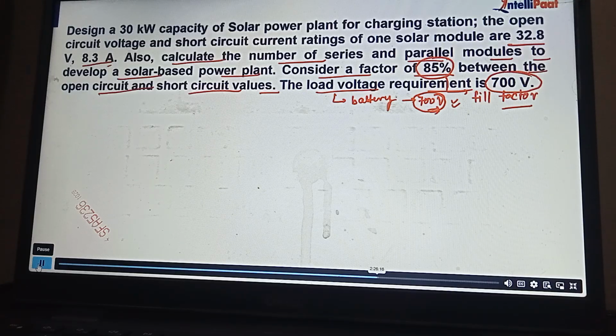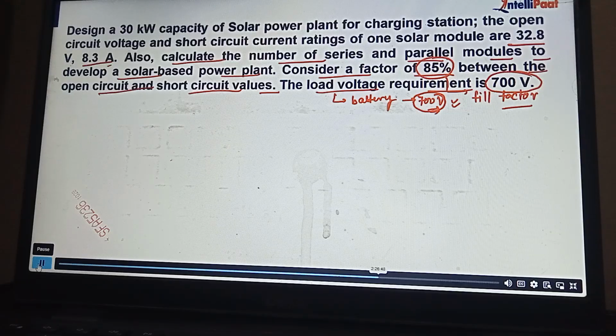Yeah, that is the module rating which is given here. We have to calculate the number of series and parallel modules. Yes, try to calculate it.